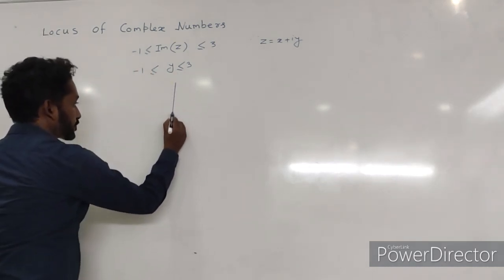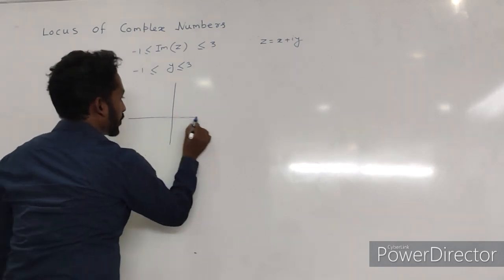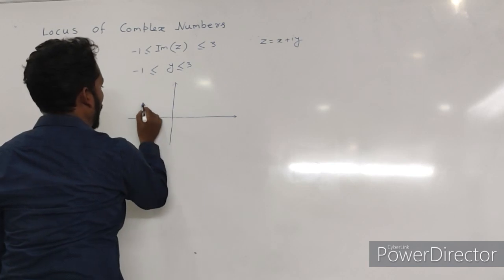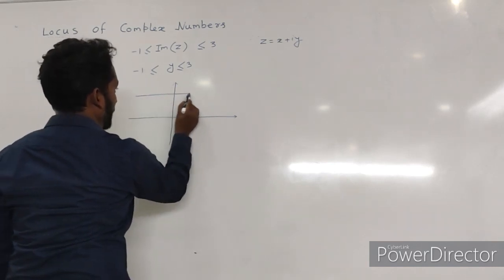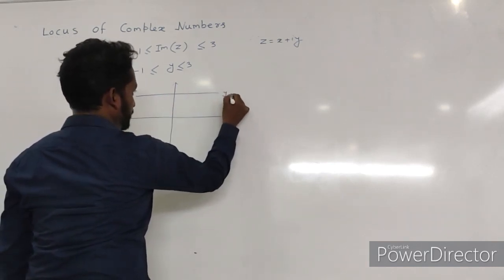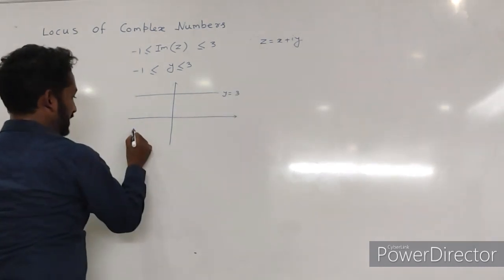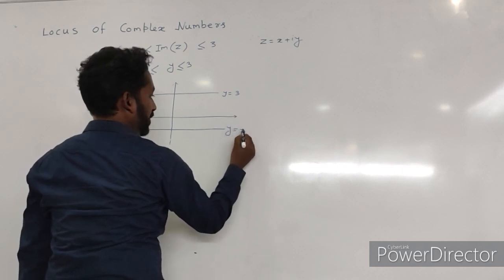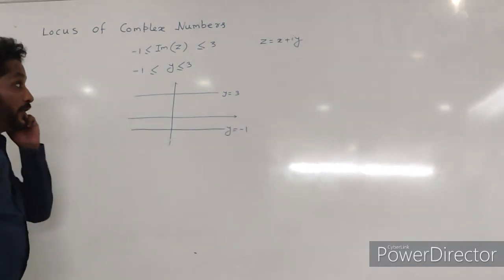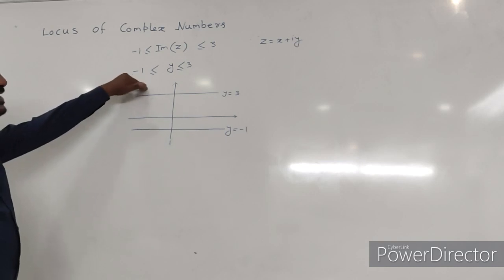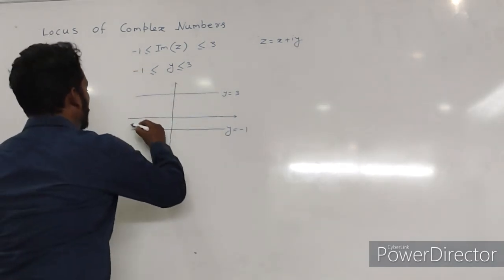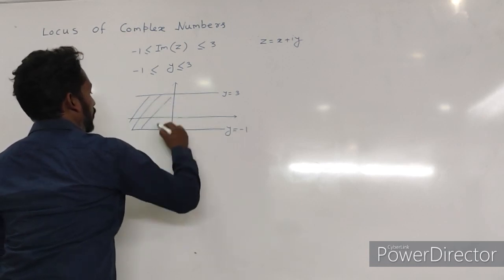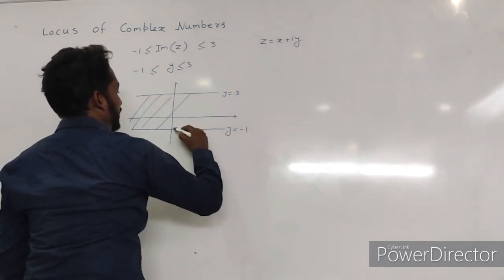So you draw the lines. One line is y equal to 3, which should be a horizontal line, and the other line is y is equal to minus 1, which should be another horizontal line. Now, since our y is lying between minus 1 and 3, we need to shade the region between these two. y can lie anywhere between minus 1 and 3.